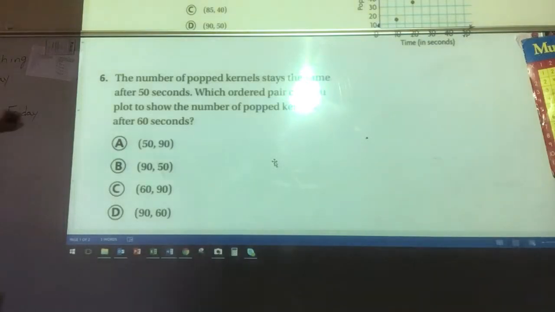The number of popped kernels stays the same after 50 seconds. Which ordered pair can you plot to show the number of popped kernels after 60 seconds? Let's go back and look at our graph. It stays the same after 50 seconds.